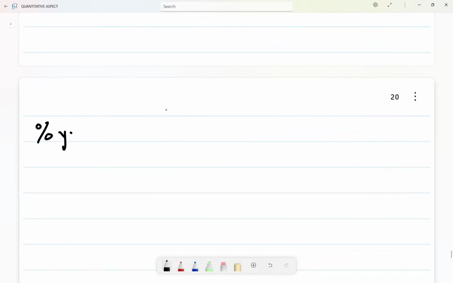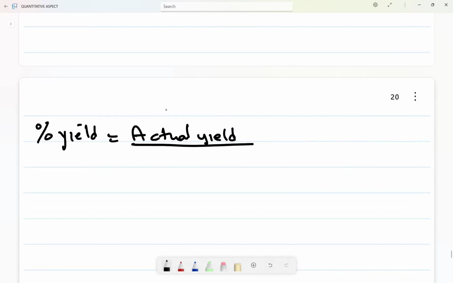Okay, now for me to calculate percentage purity, percentage yield, sorry, I'm going to need the actual mass as well as the theoretical mass. Even if you were to say actual yield divided by theoretical yield, it is still the same. Then remember, I want the percentage, so I multiply by 100.